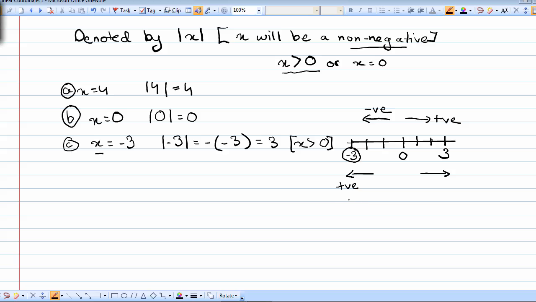So we are considering this -3 inside x. As you can tell, this variable can currently be written as positive x.